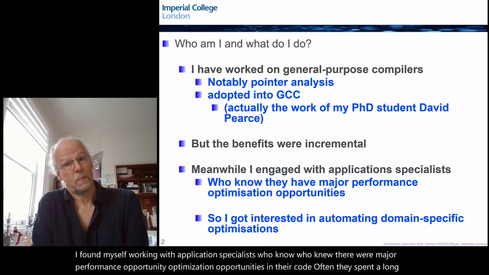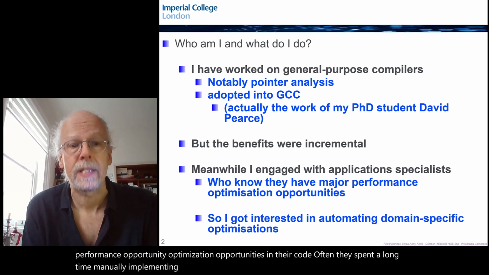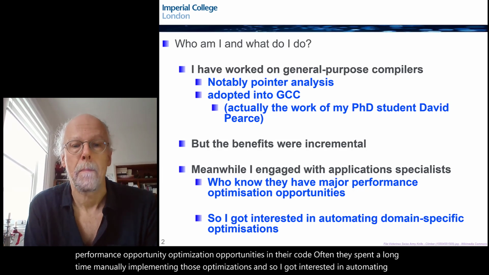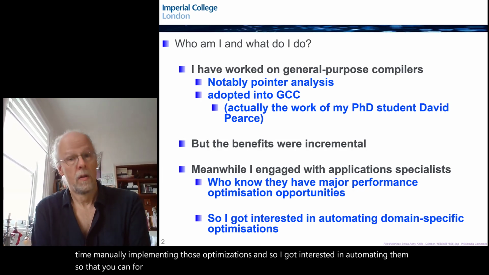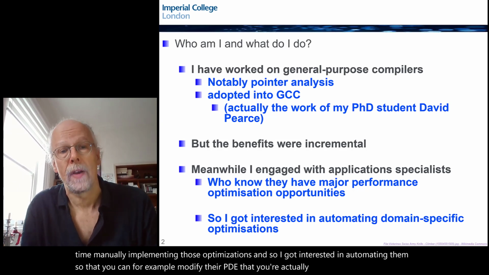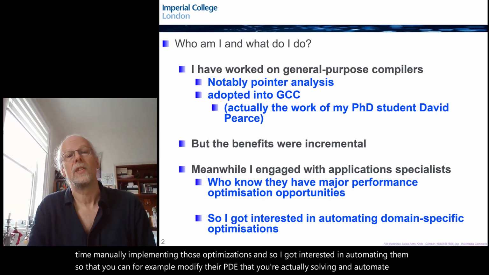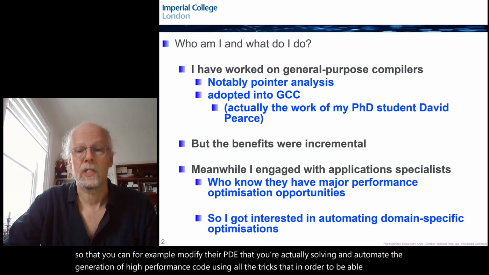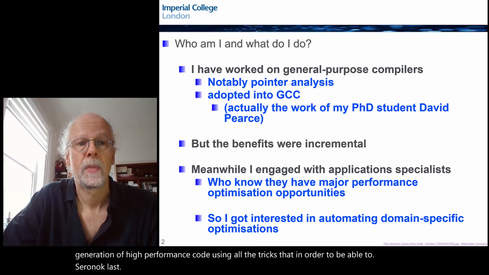Often they spend a long time manually implementing those optimizations. And so I got interested in automating them so that you can, for example, modify the PDE that you're actually solving and automate the generation of high performance code using all the tricks that you know in order to be able to run it fast.